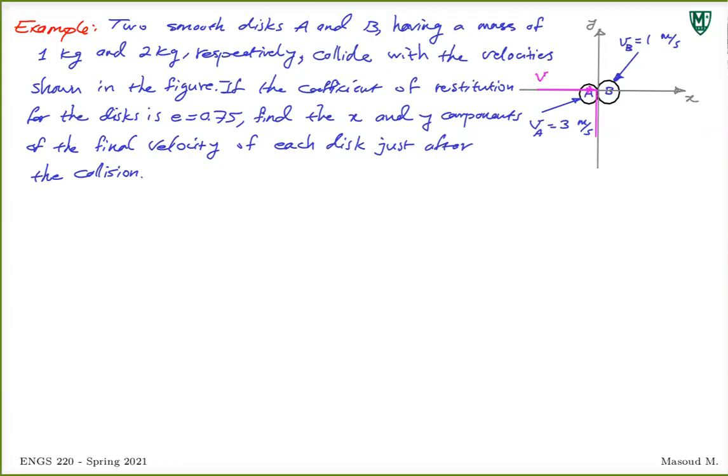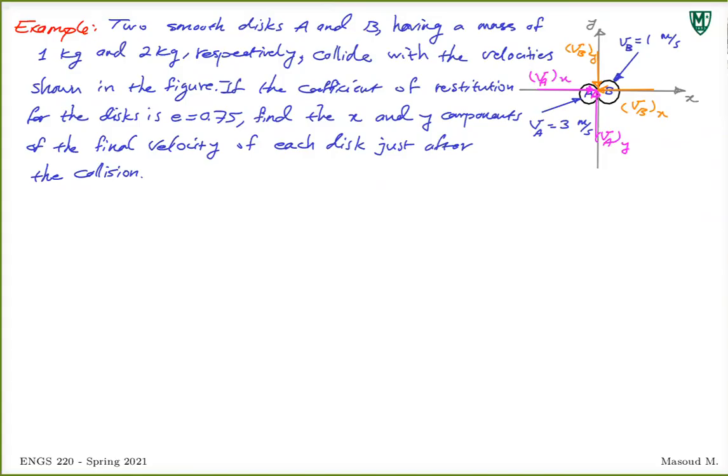That would be Vax, and this is Vay. And then let's do Vb. This is going to be Vbx, and this is going to be Vby, right?